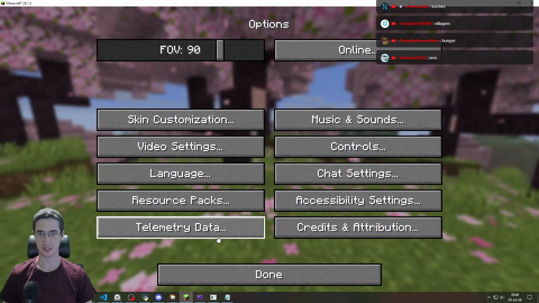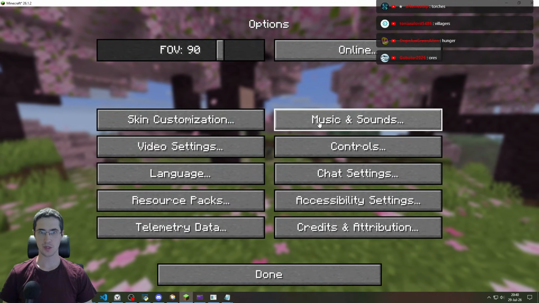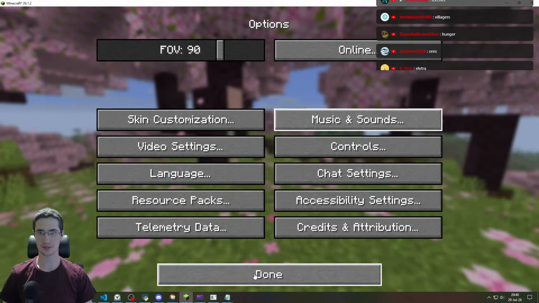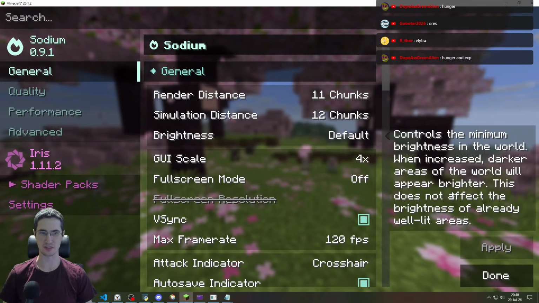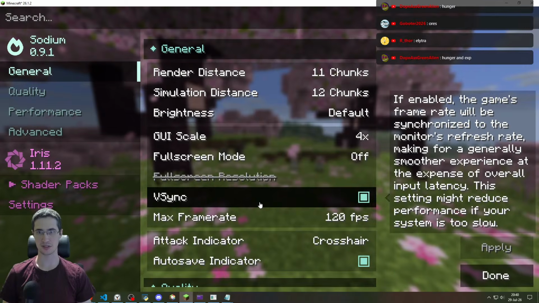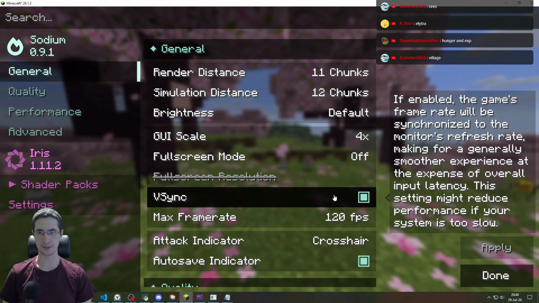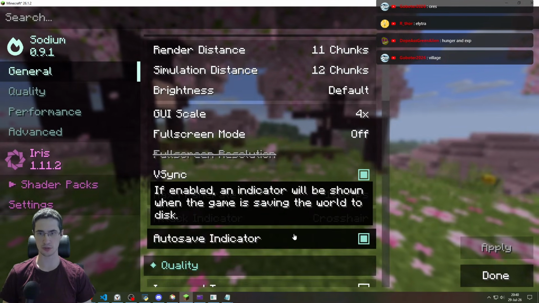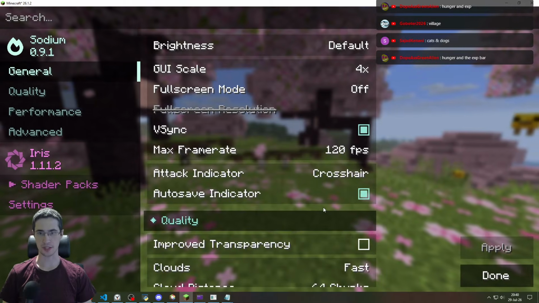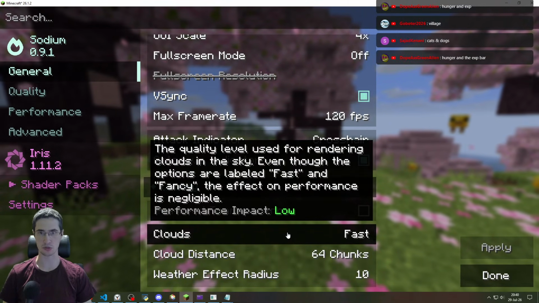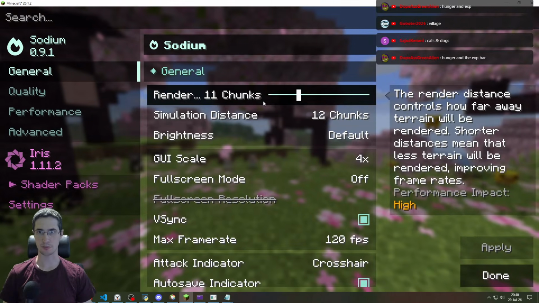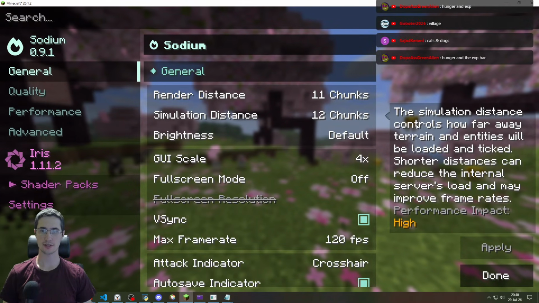Maybe sound settings, video settings. Oh, here I'm using the mod, it's a bit different. But we could have a VSync option, max frame rate option, or to pick between 3D clouds or just the PNG rendering.